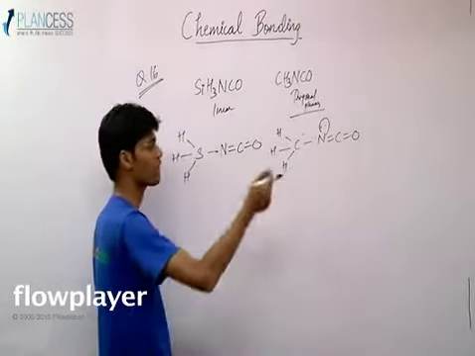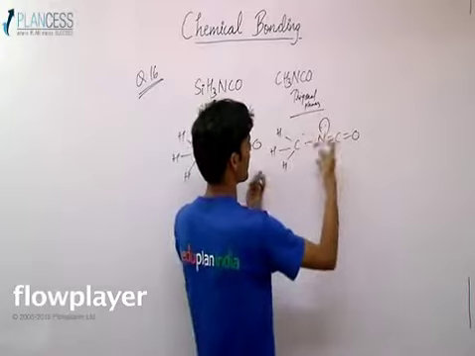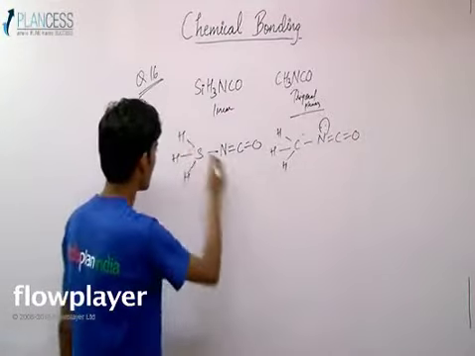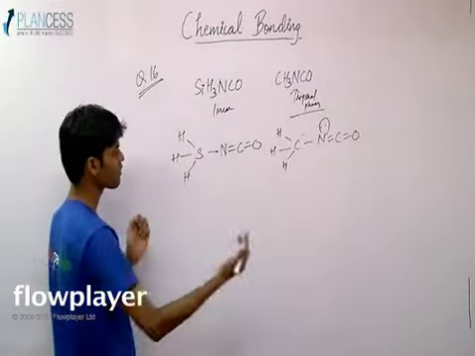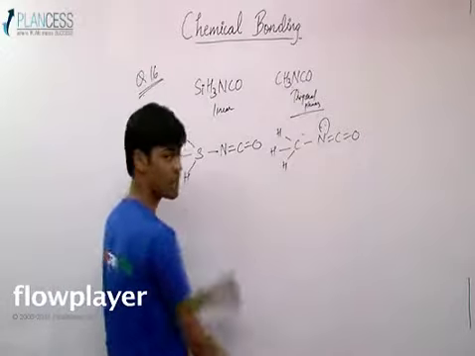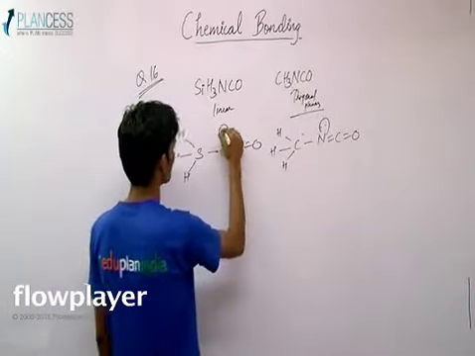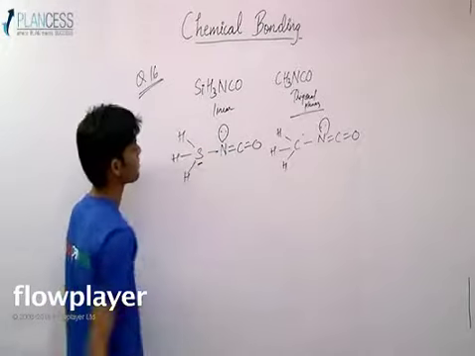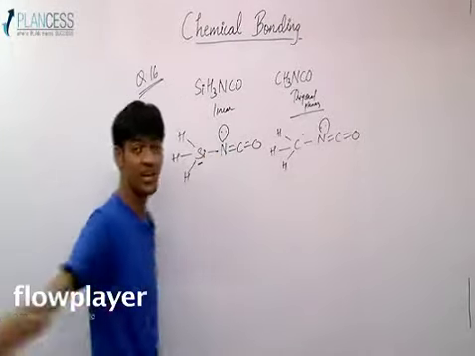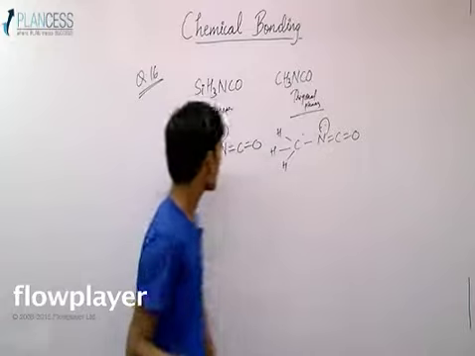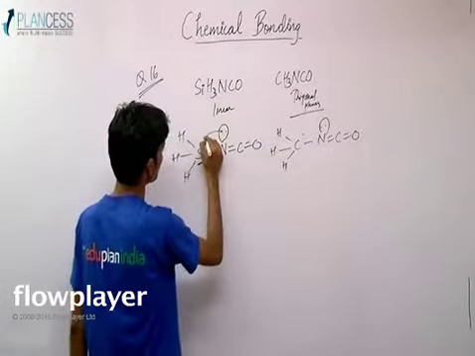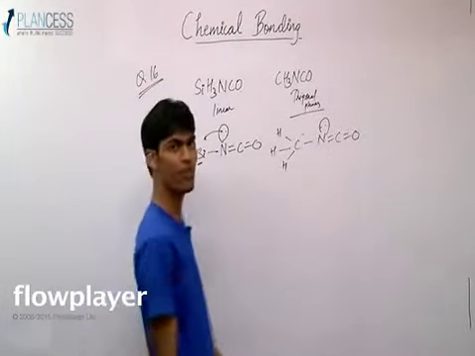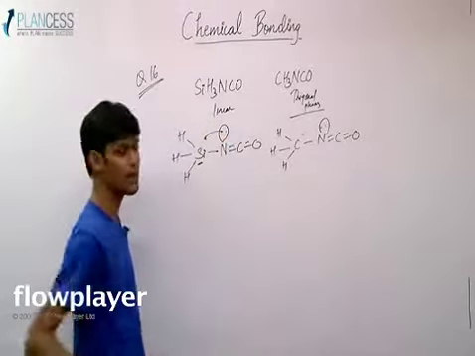By this I mean that it is something like bent. Now, why is this linear? What can be the cause of the silyl isocyanate being linear? It also has this lone pair, but one thing to notice is that the silicon atom has the vacant 3d orbital. So it can donate its lone pair into the vacant 3d orbital and form a p pi d pi back bonding.